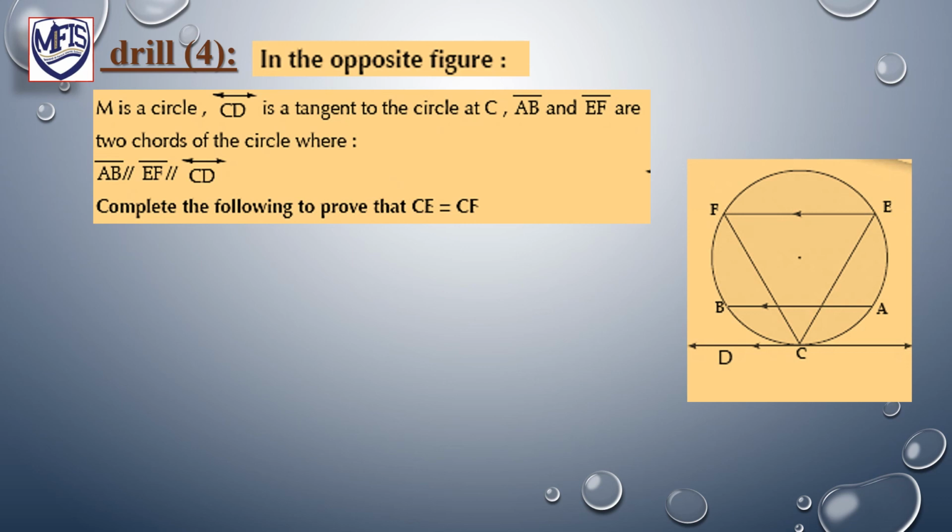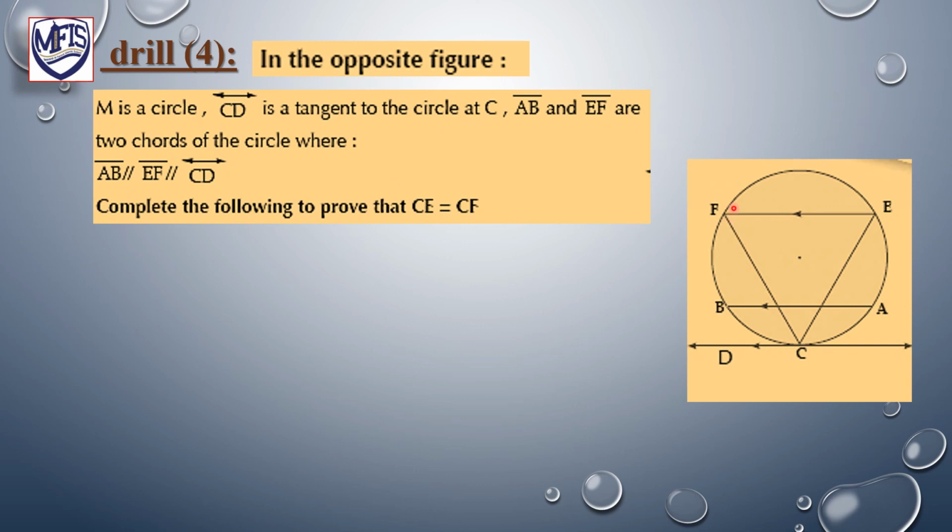Then complete the following to prove that CE equals CF. Again, here I have circle M and two chords EF and AB parallel to the tangent CD. And he asked me to prove that the length of chord CE equals the length of chord CF.